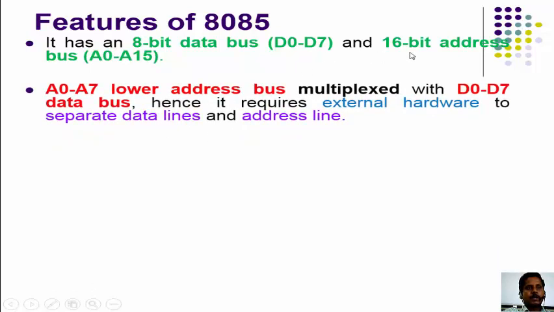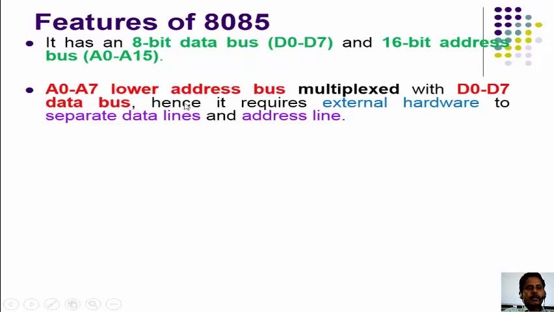Out of the total 16 address lines, A0 to A7, that is 8 address lines, are multiplexed with the D0 to D7 data lines. Or we can say that the A0 to A7 address bus is multiplexed or combined with the D0 to D7 data bus.